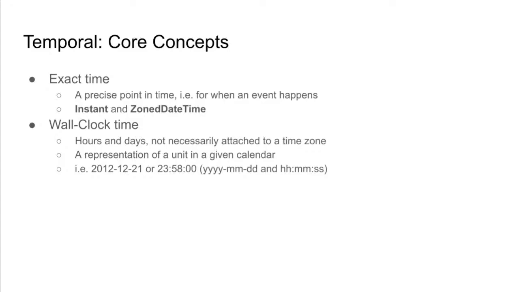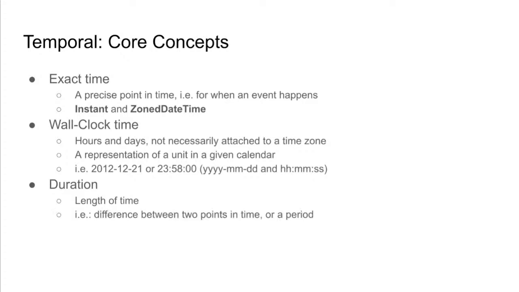Those two are wall clock times. Another third concept they brought to us is the duration, that represents length of time. In other words, it can measure time or measure the difference between 2 points in time. That's the duration or a period.